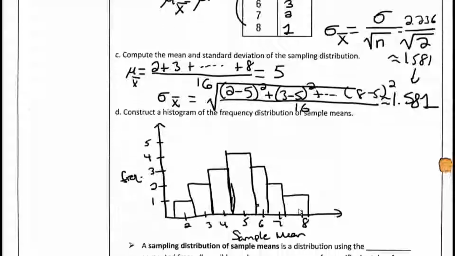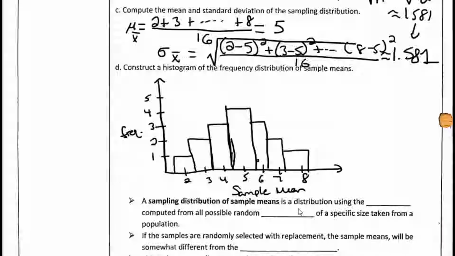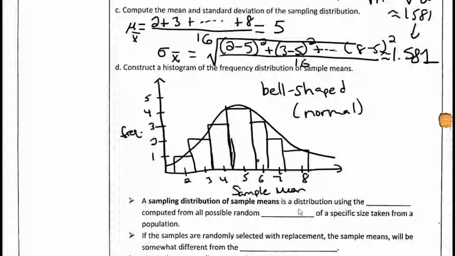So notice that the shape of this histogram is actually bell-shaped, or Gaussian. Notice the bell shape.